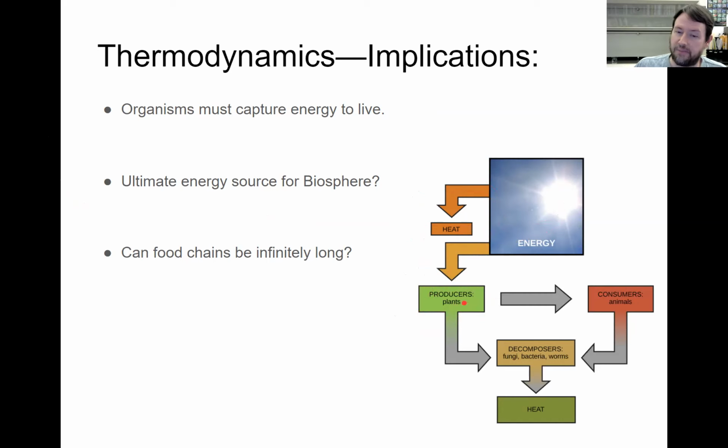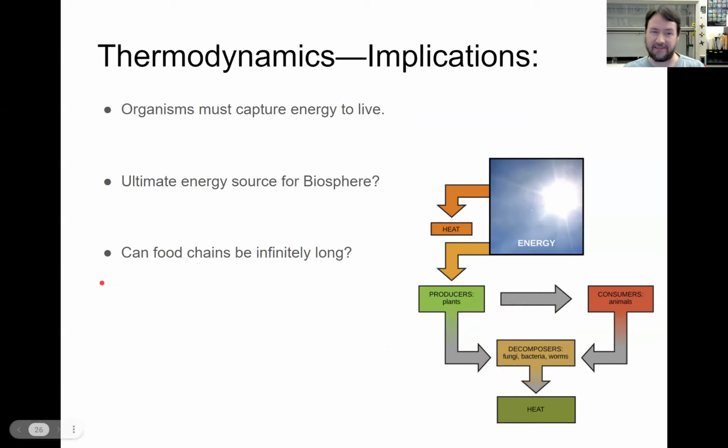Then some of those plants are consumed by animals, the consumers, and what isn't consumed by animals or other consumers ends up in the decomposers, and eventually the decomposers will get any leftover energy from the consumers as well as the plants. And then ultimately, this all ends up as heat.